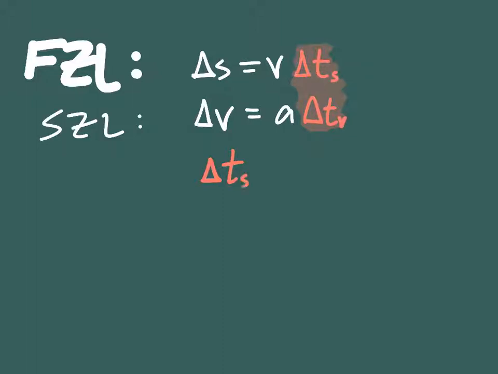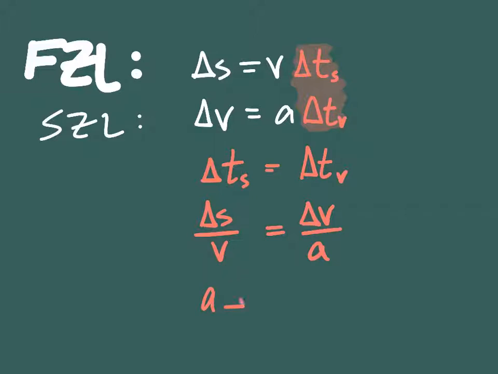So delta ts equals delta tv, which means that delta s per v equals delta v per a, which means a delta s equals v delta v, and I want to be particular here. It does happen to be the case that I'm dealing with average speed here. So I'm going to go back and put that in the box.